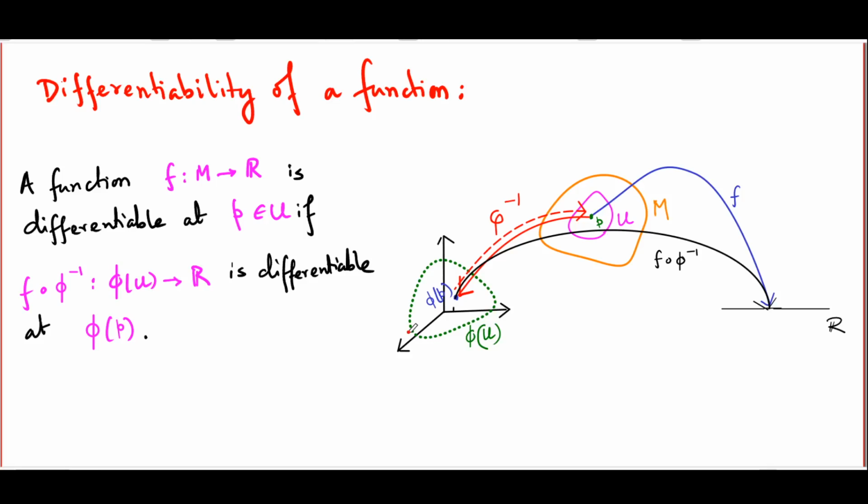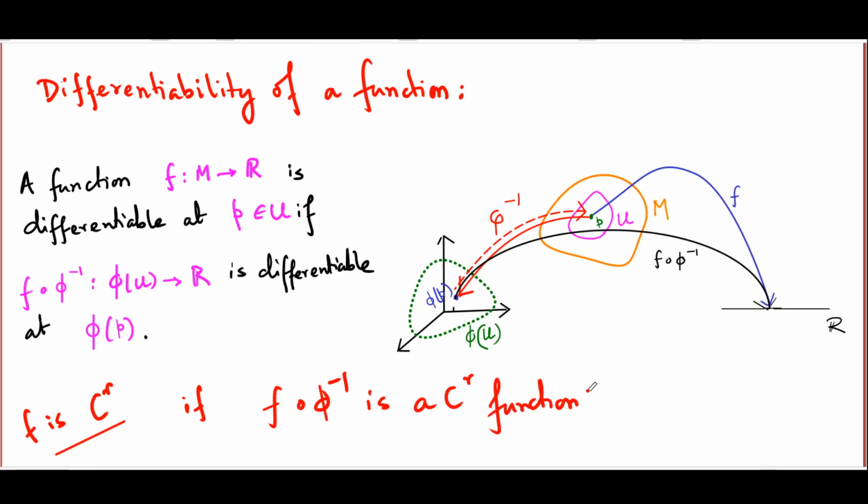So the function f from M to R is said to be differentiable of class Cr, f is Cr, if f composite phi inverse is a Cr function, that is, has rth order partial derivatives which are all continuous.